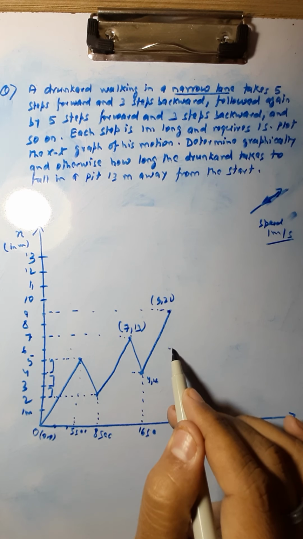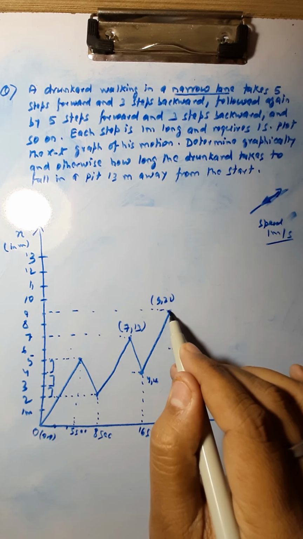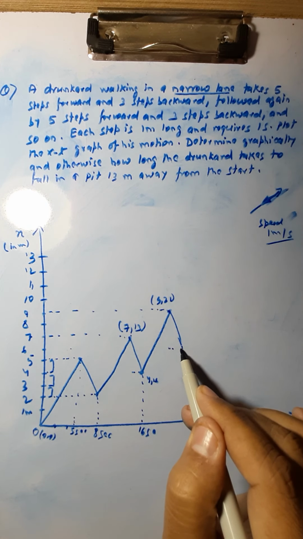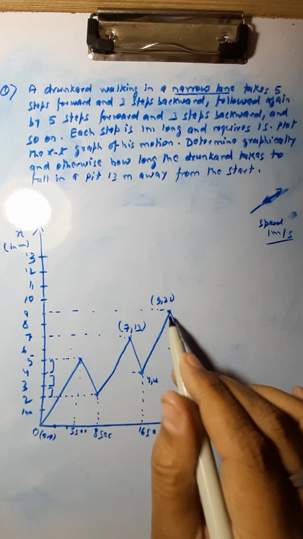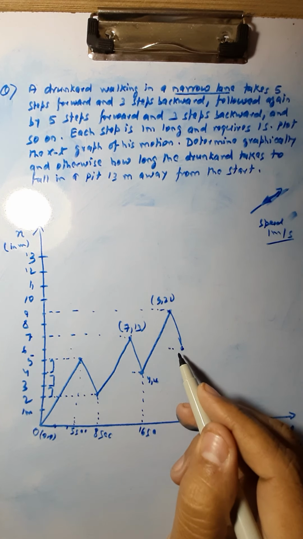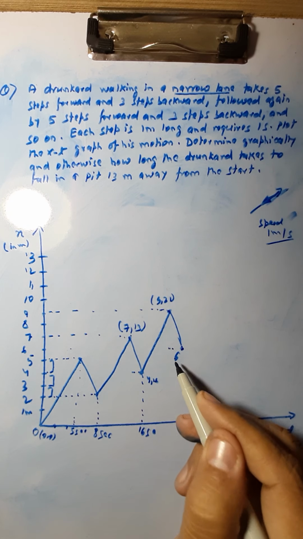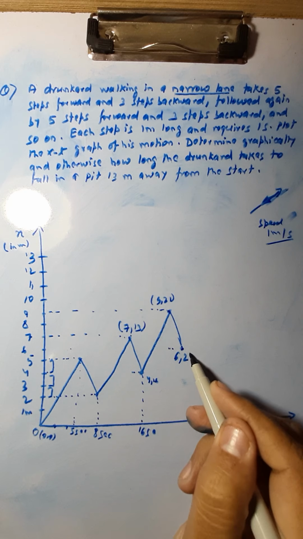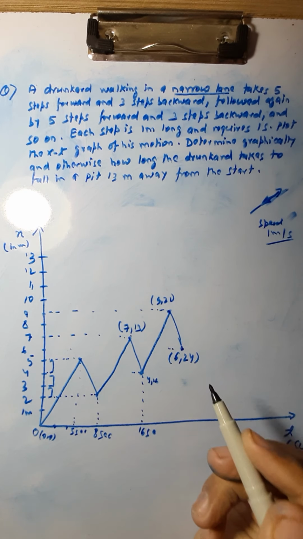So he will be at 6, and it will take 3 seconds later. So this coordinate will be 6 and 24.